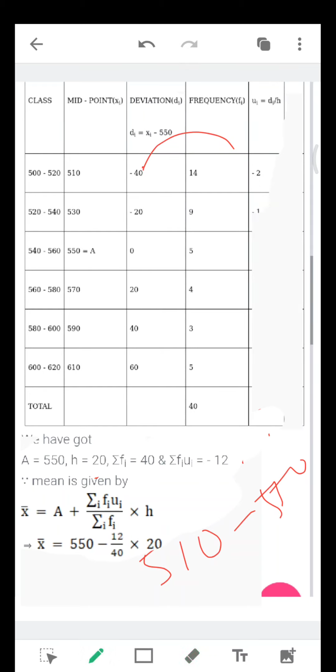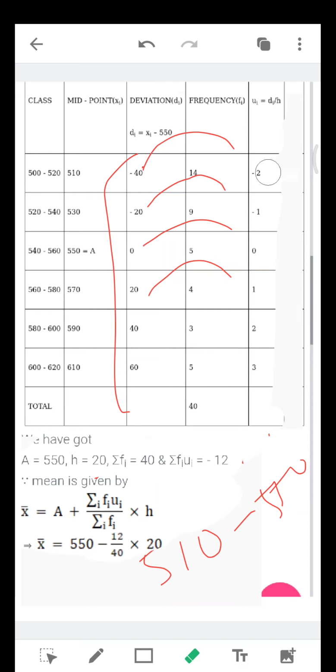Then divide minus 20 by 20, we get minus 1. Then divide 0 by 20, we'll get 0. 20 by 20, you will get 1. Because h value is 20, I am dividing all these di values by 20. So this way I get 40 by 20 is 2, 60 by 20 is 3. This is the way we find ui value.